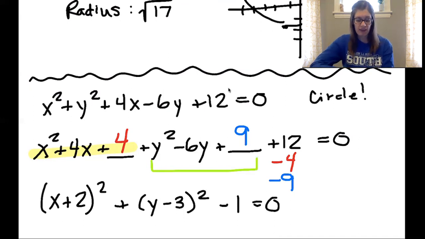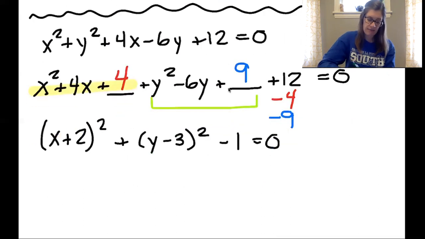I'm feeling pretty good because it looks like for the equation of my circle, I've created that x minus h squared and the y minus k squared. The only thing is that my r squared is on the left side with my other terms. So I can just add 1 to both sides.